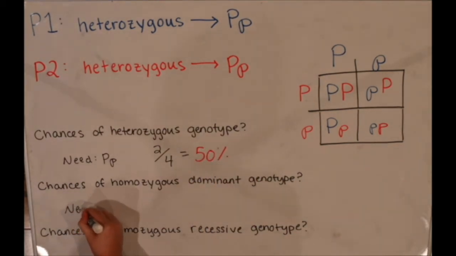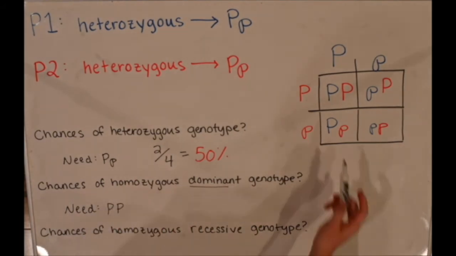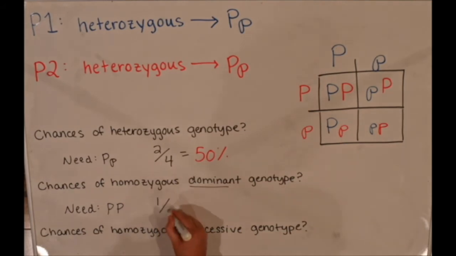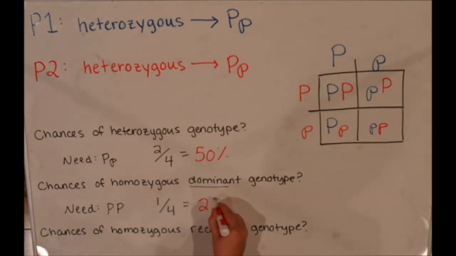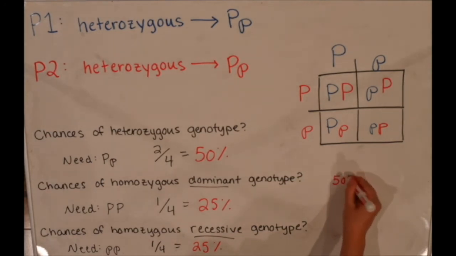Moving on to the chances of a homozygous dominant genotype, we would need 2 dominant alleles in order to get that genotype, and it looks like there is 1 instance of that in the Punnett square, so we've got 1 over 4, which gives us 25%. Last but not least, we're asked about homozygous recessive genotypes, and we would need 2 recessive alleles for that, and once again, there's 1 instance in the Punnett square, and 1 over 4 gives us 25%.